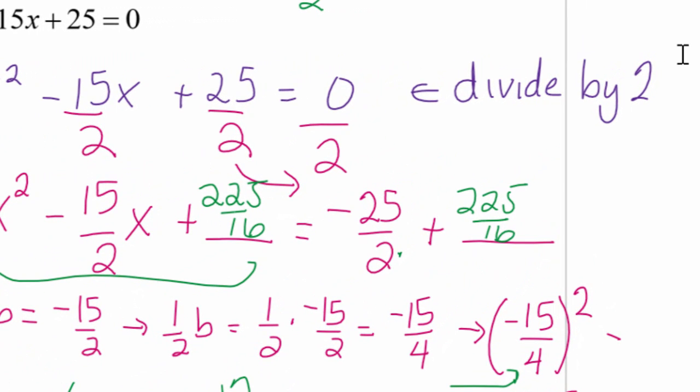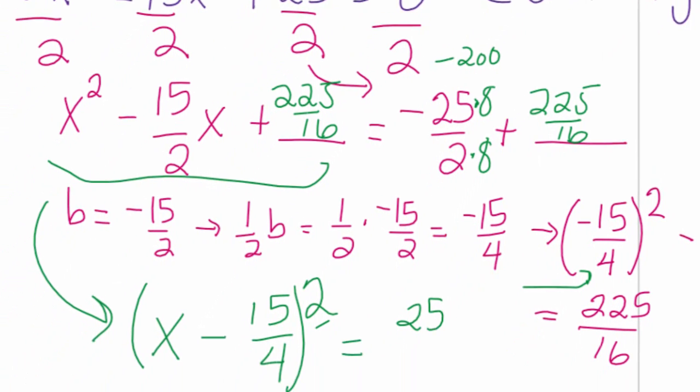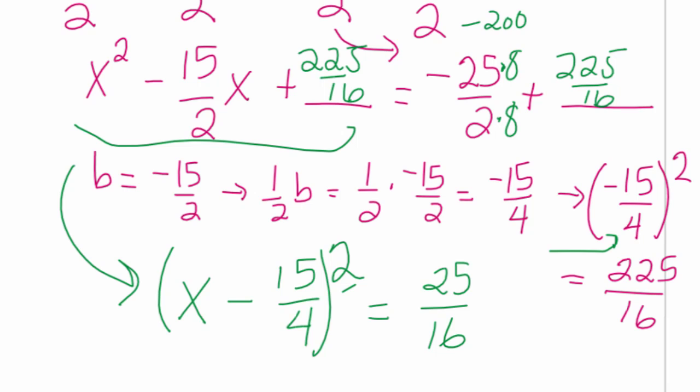So I need 16s down here, right? 25 times 8 is negative 200, plus 225 is 25 over 16.